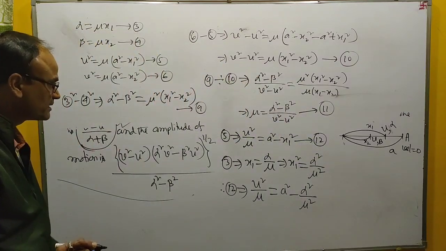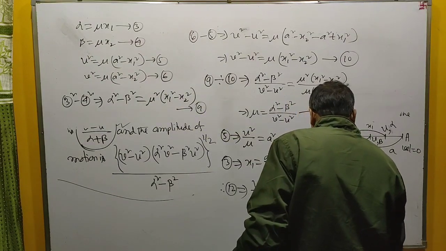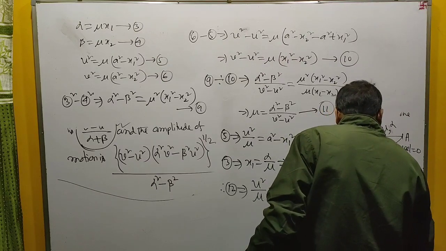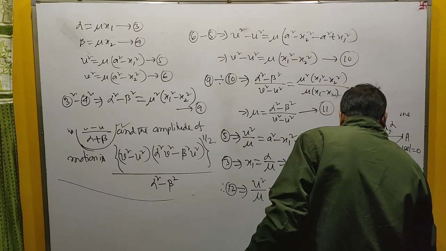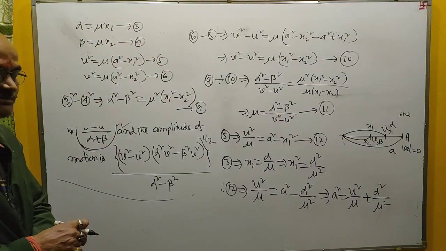Or a square equal to u square by mu plus alpha square by mu square.